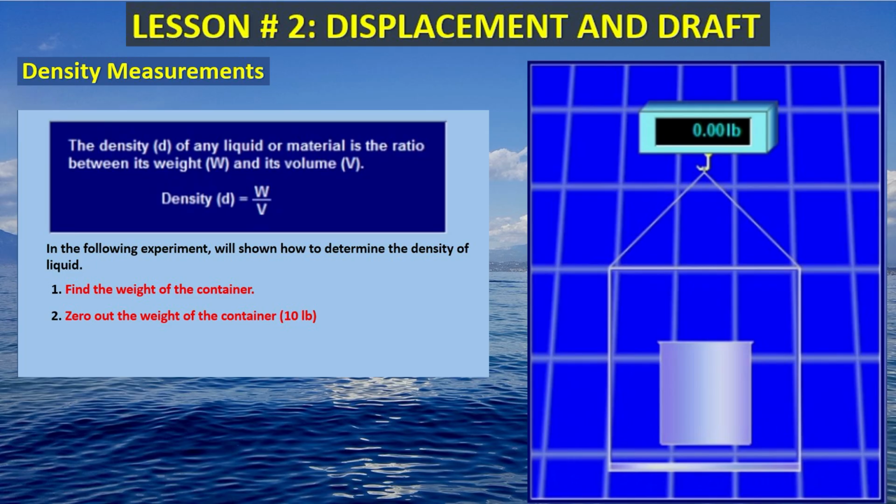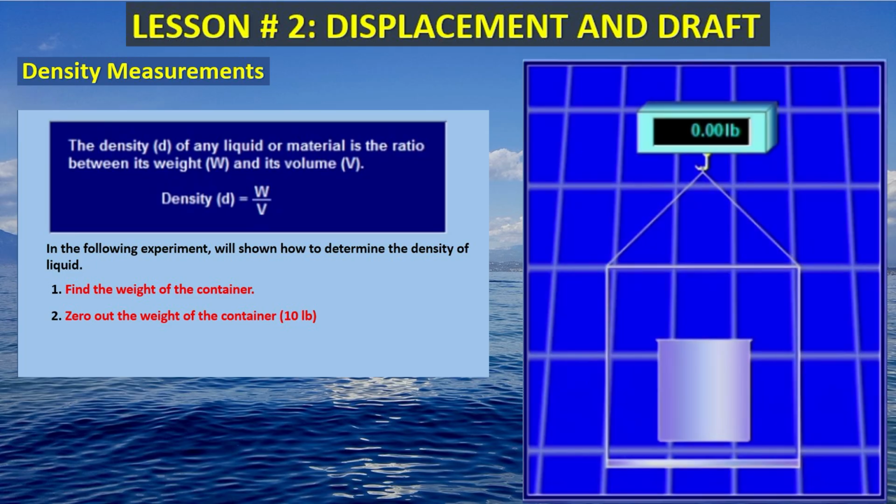The density, d, of any liquid or material is the ratio between its weight, W, and its volume, V. In the following experiment, we'll show how to determine the density of liquid. First, find the weight of the container.